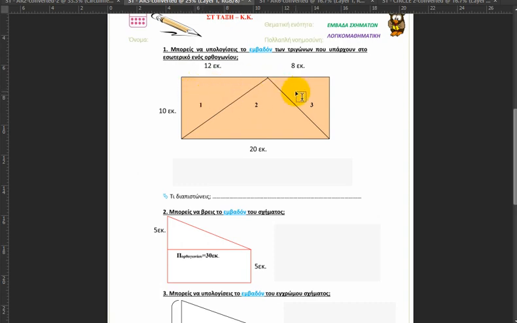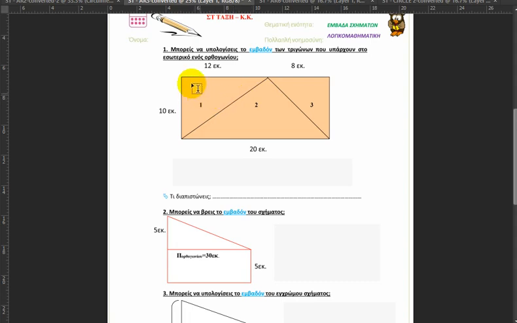The easy ones are 1 and 2 because we know all of their sides. This one has 10 and 12. This one has 8 and 10. Okay, great. The problem is with this one because we don't know these two sides. We don't even know if it's a right triangle. We're not sure, really. I mean, you can't be sure if it's a right triangle.